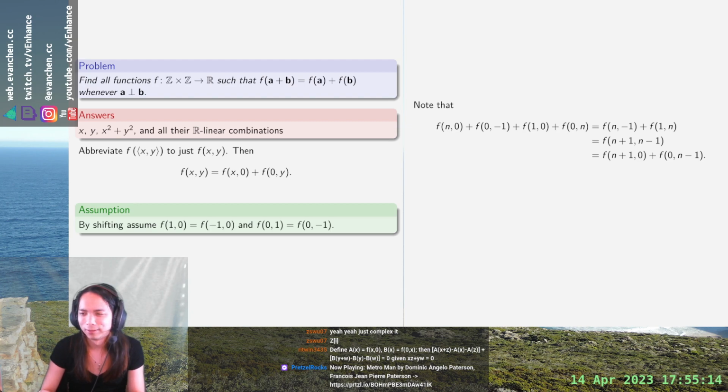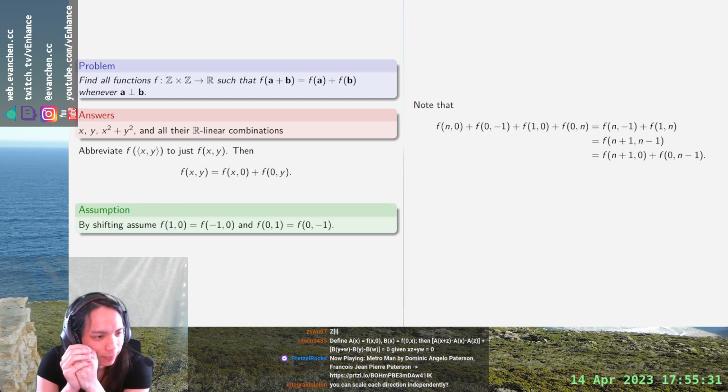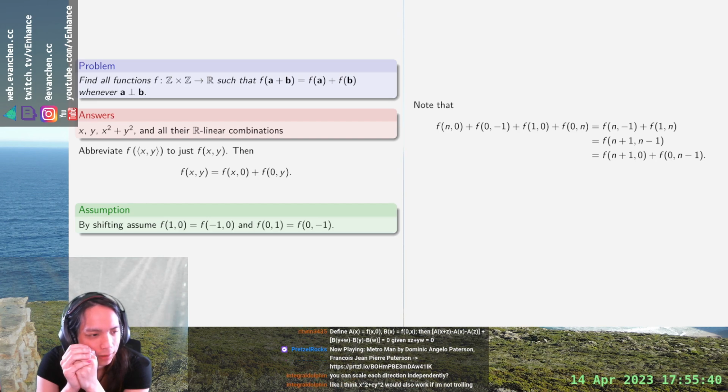So, you can scale each direction independently. X squared plus C Y squared? Are you serious? Wait, does X squared just work?